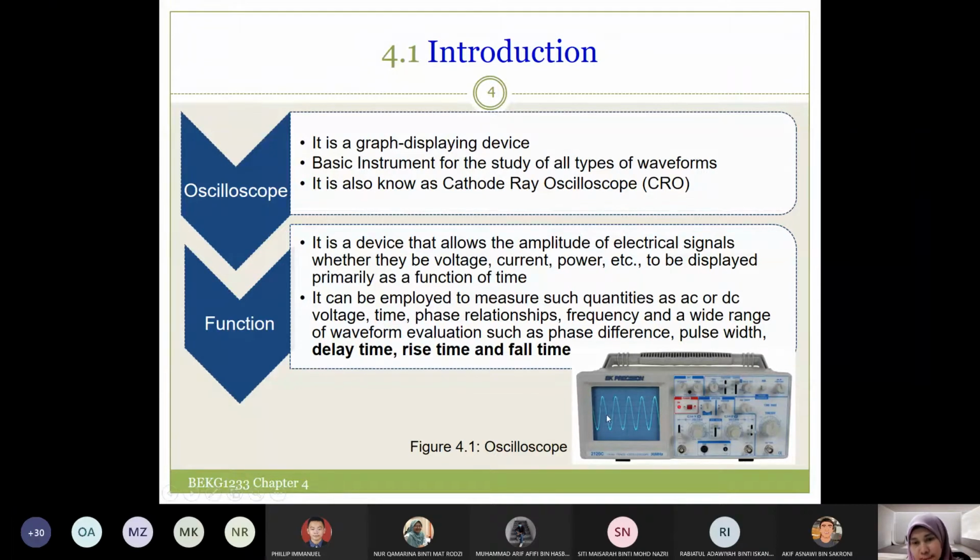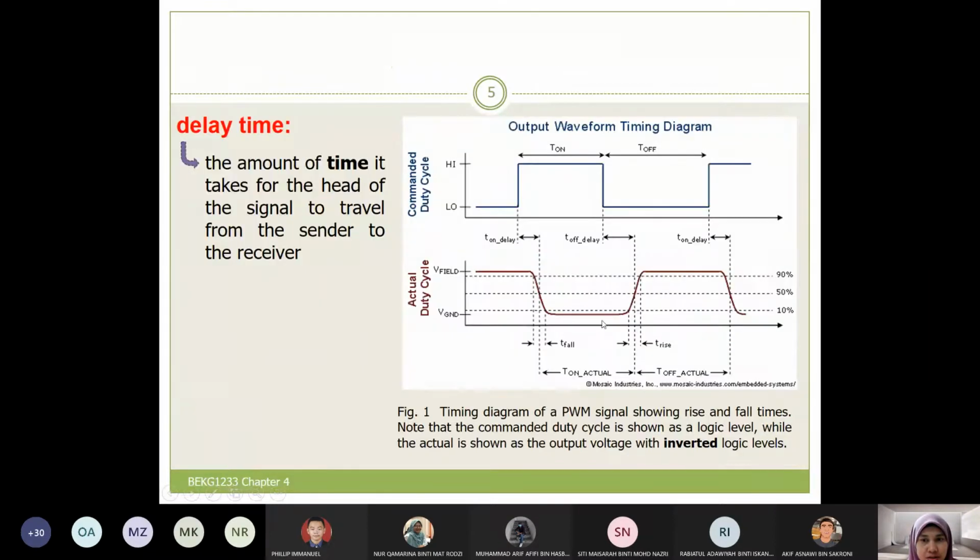So the y-axis is for the amplitude of the signal, whether it is voltage, current, power, etc. And the x-axis is for function of time. It can be employed to measure such quantities as AC or DC as well.